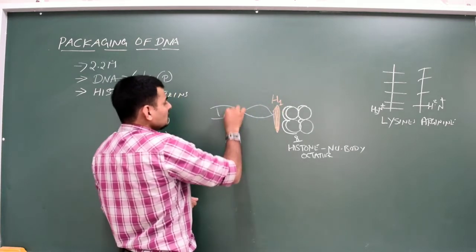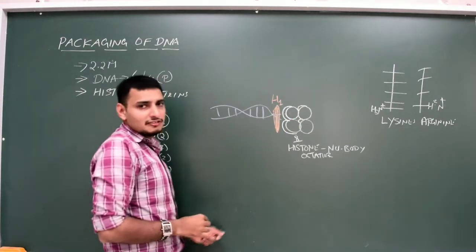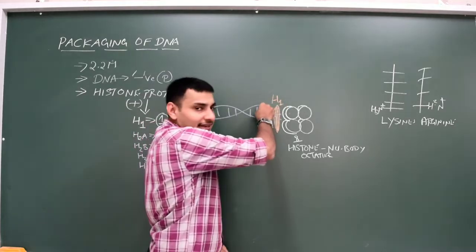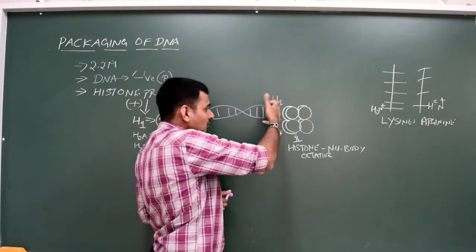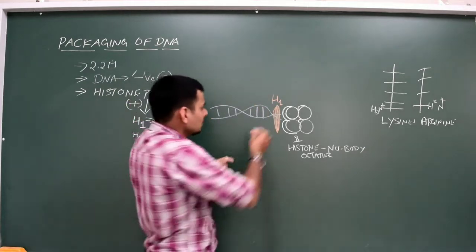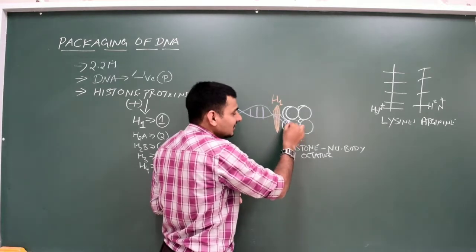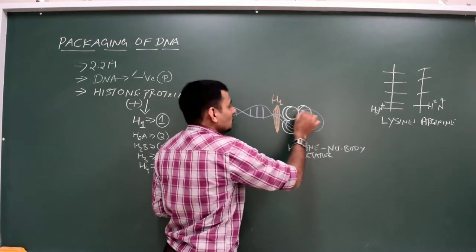Now when this DNA comes in contact with H1, H1 is the first histone protein which brings the DNA into this histone octamer. It helps this DNA to stay intact. So they bring it to the histone octamer. Now the DNA wraps around this histone octamer.